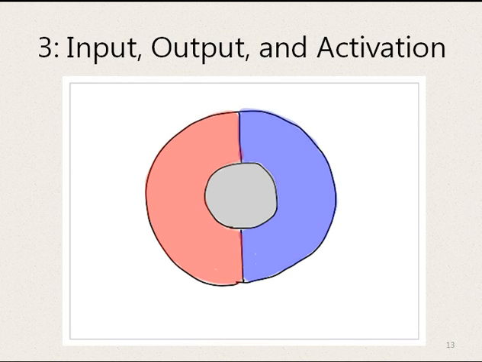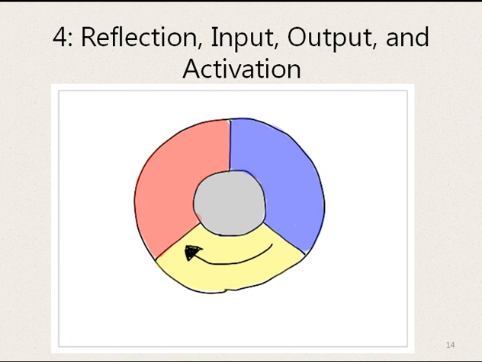In the first step of development, input, colored in blue, and output, colored in red, have appeared. The original function has changed into activation, colored in gray. In the second step, reflex has appeared to automatically connect input to output.